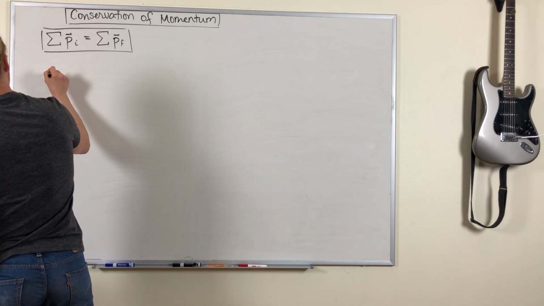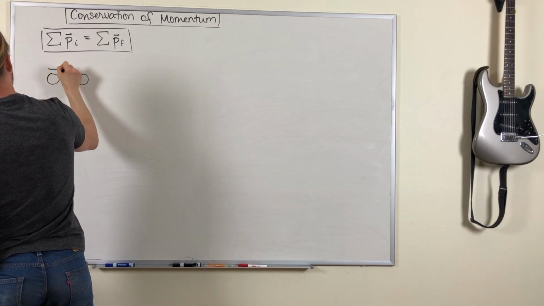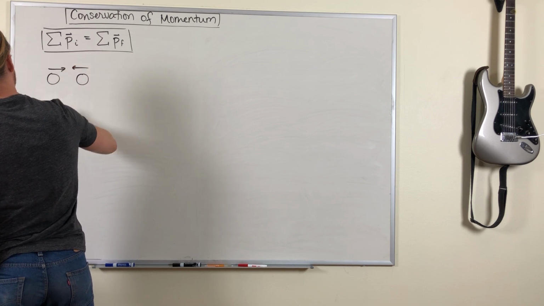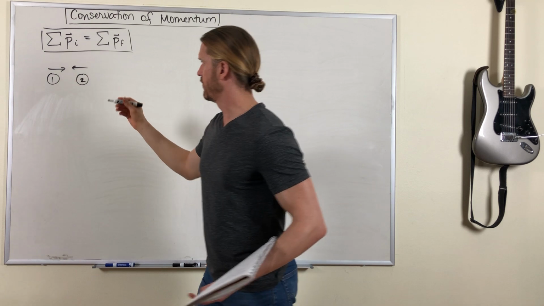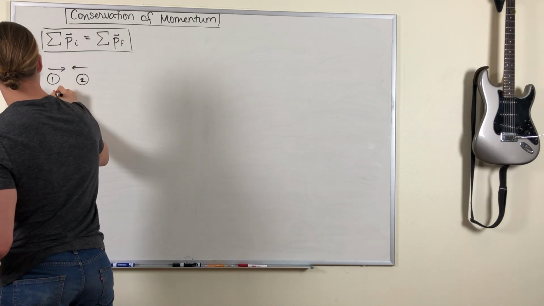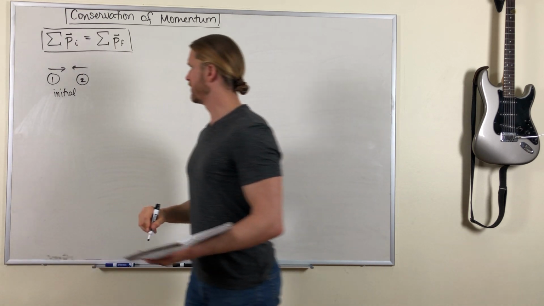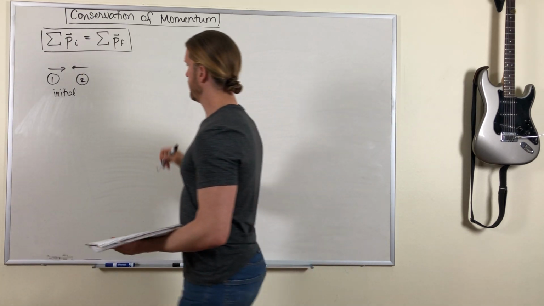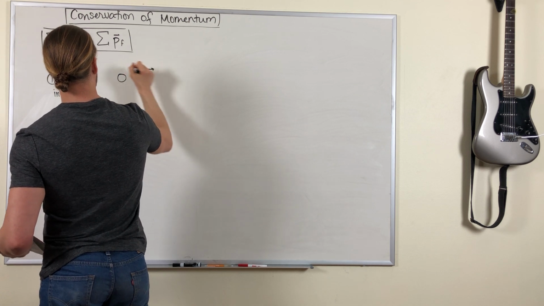So imagine we have 2 objects that are going to collide, object 1 and object 2. There's the initial state of the system, they're heading towards each other, and then the final state of the system, maybe they bounce off one another.